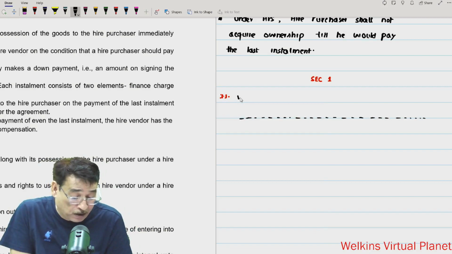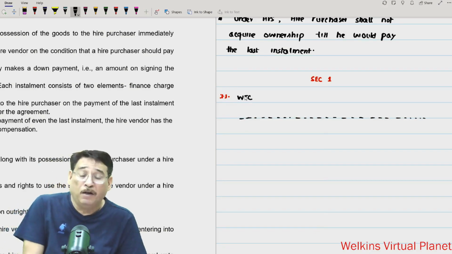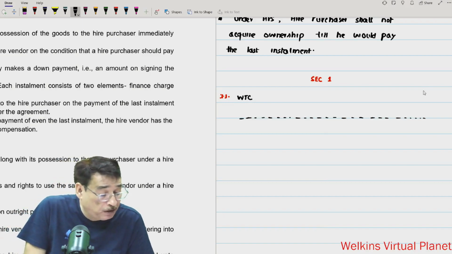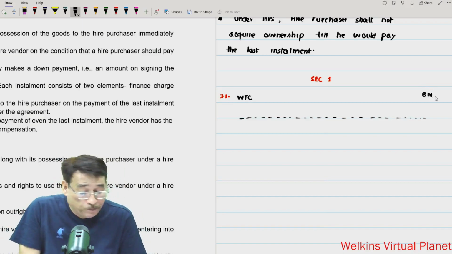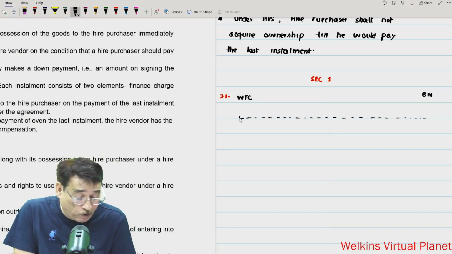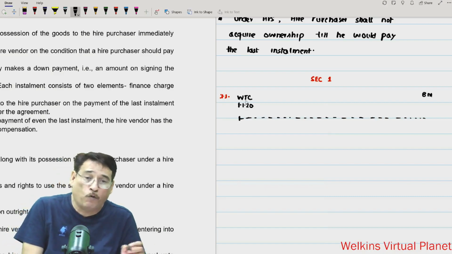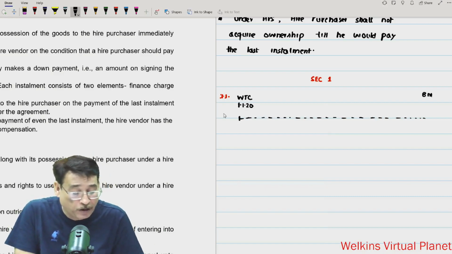WTC means Welkins Transport Company. And there is another company by the name of Bombay Motors, so I am simply writing BM. And it was given in the question that on 1/1/2020, Welkins Transport Company acquired a motor car on hire purchase system.